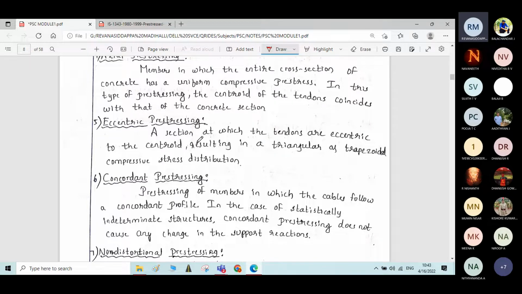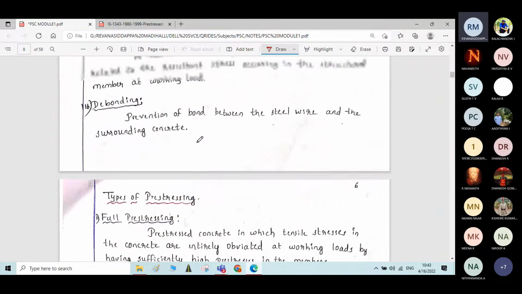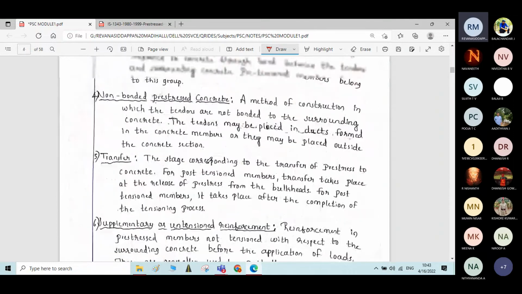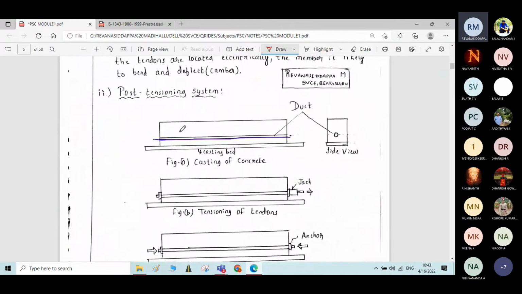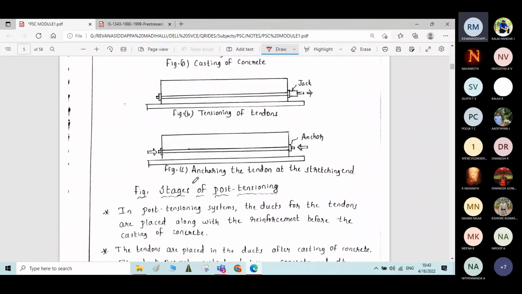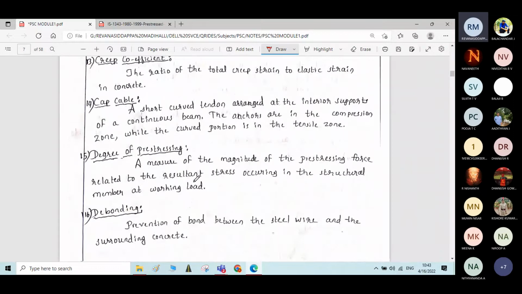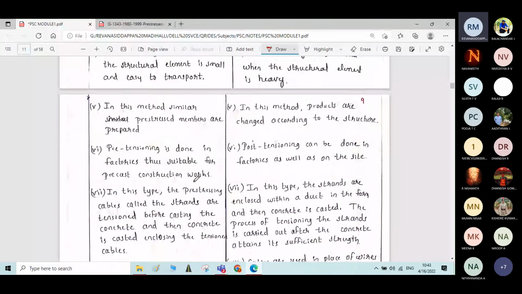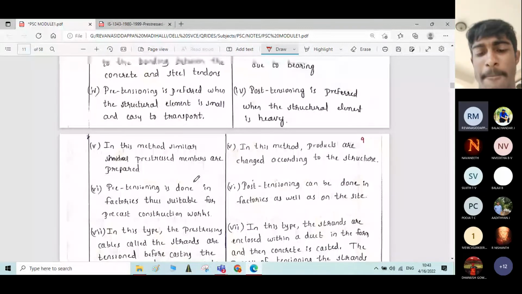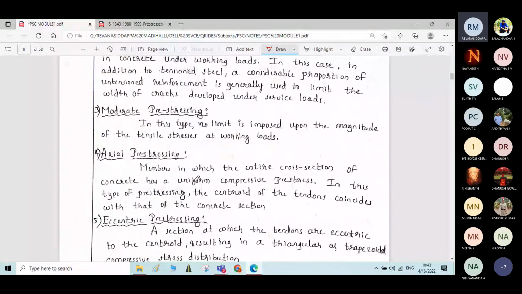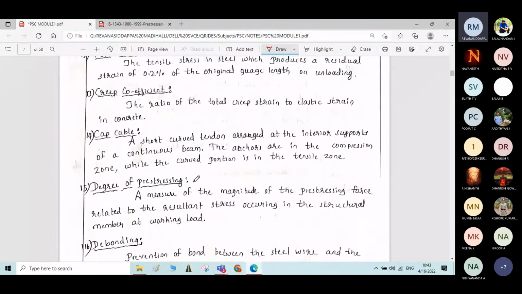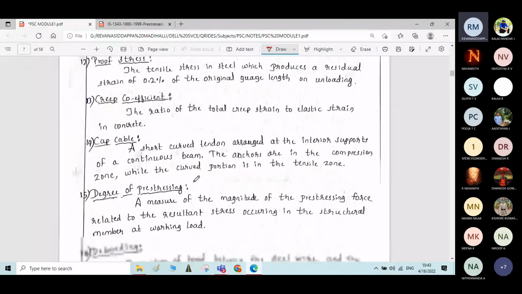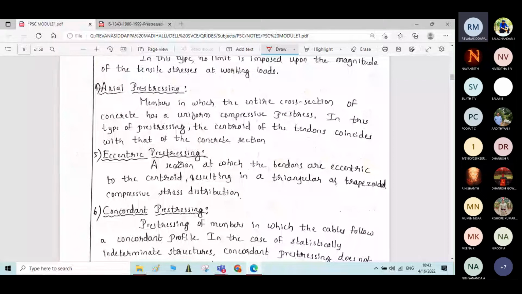When you do eccentric prestressing, the nature of the bending moment caused by the prestressing force on the member will be either triangular or trapezoidal in shape. That I will explain in detail in the coming modules. That is called eccentric prestressing.